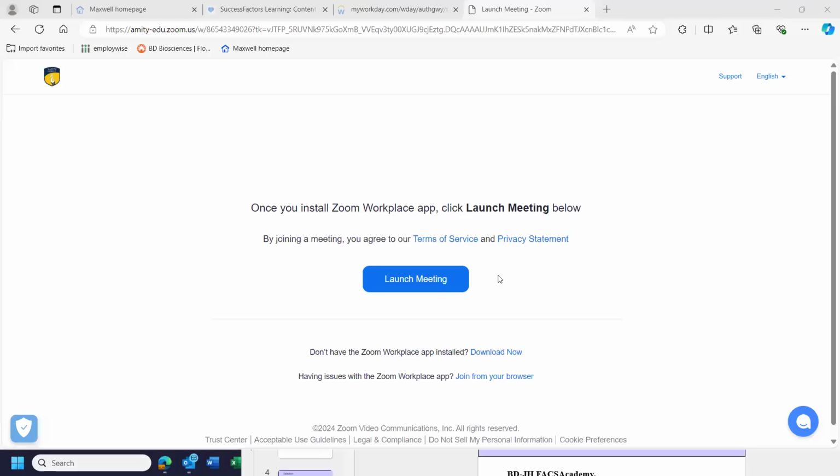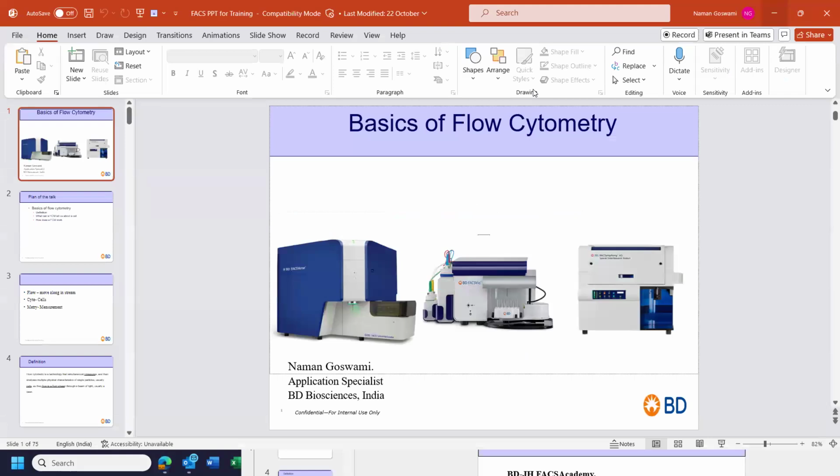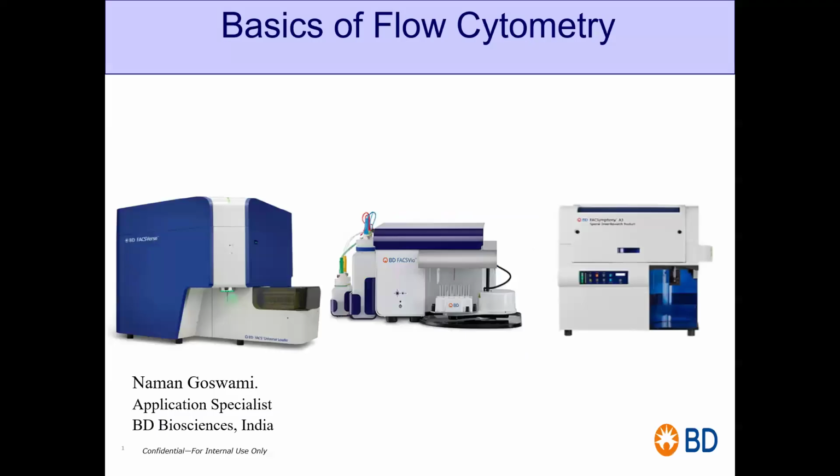Can you see my screen? Your screen is not visible. Now we can see your screen. Go to the full screen mode if you want. Yeah, now it's fine.